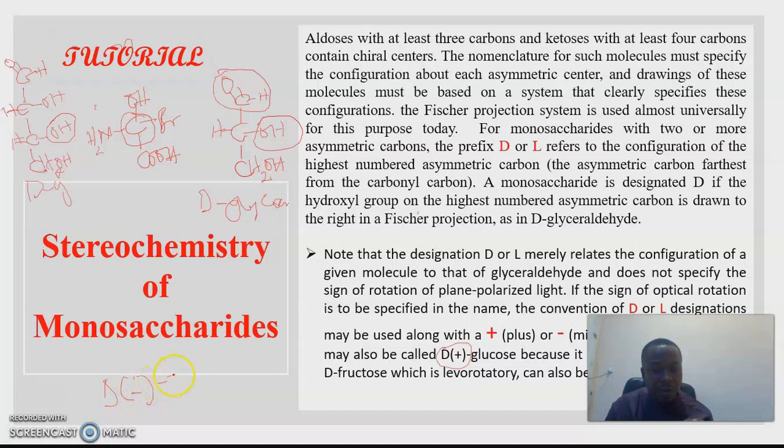While for glucose we have D in brackets plus, because naturally glucose rotates to the right. That's why when you go to a pharmacy, if you want to buy glucose solution, they refer to it as dextrose, which is another name for glucose. It means that glucose can rotate plane polarized light to the right.